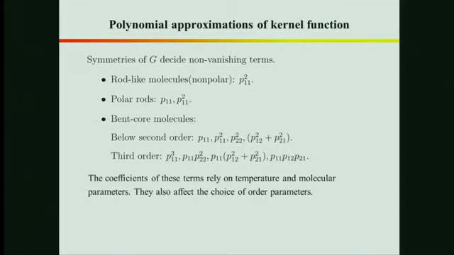If we keep the third order, another four terms come in. But maybe truncating here is good, maybe not. I don't know. This depends on numerical simulation or experiments. The coefficients of these terms rely on the temperature and the molecular parameters. They also affect the choice of the order parameters. I will talk about it later.